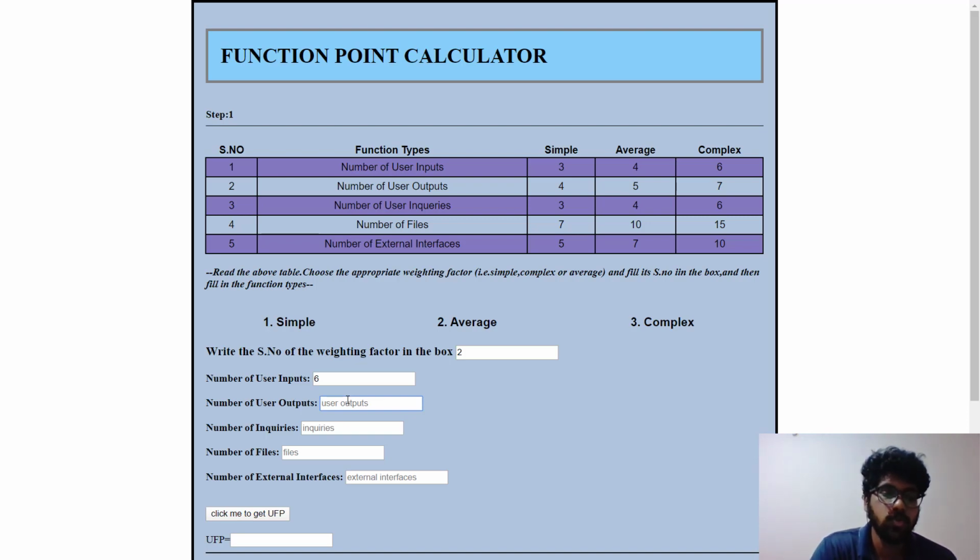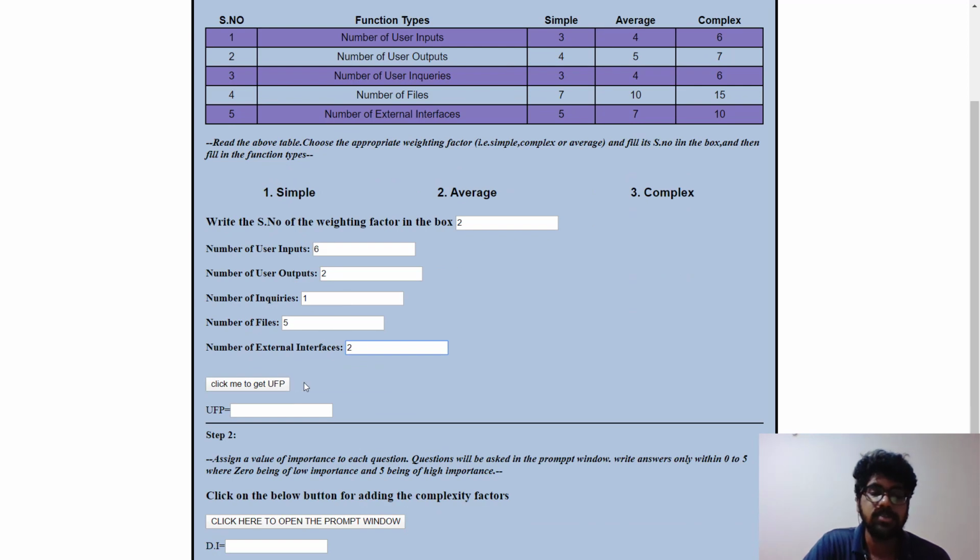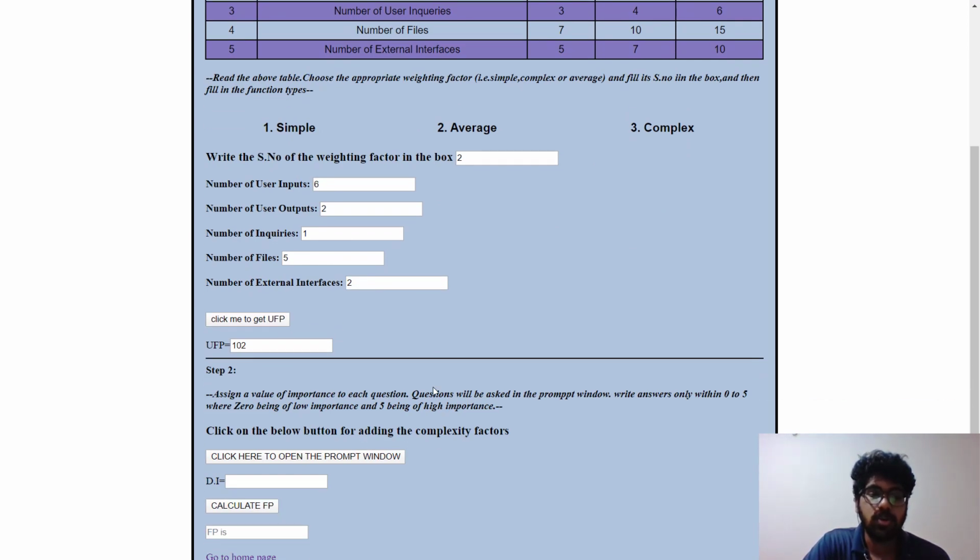So let's assume 2, and the number of inquiries maybe 1, and the number of internal logical files involved in the software project might be 5. And then what are the external files or interfaces involved with the project? There might be 2. So let me get the UFP, which is the unadjusted function point.